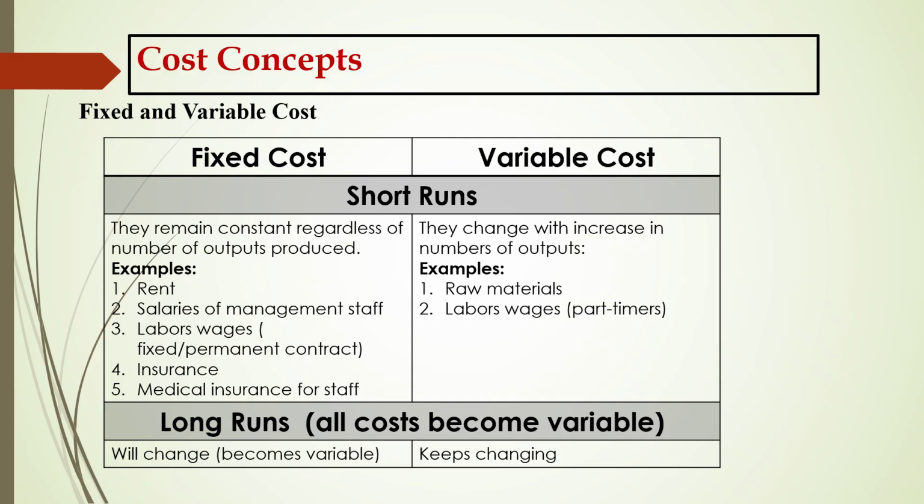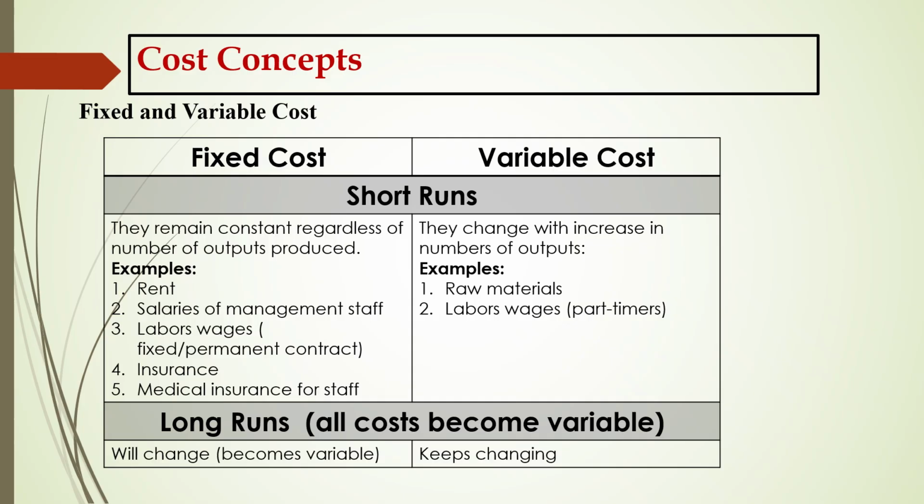The examples of fixed cost are rent, salaries of management staff, labor's wages, permanent contract insurance, medical insurance for staff. Whereas variable costs change with the increase in number of outputs. I will give you examples, don't worry. In my next slide, I will give you the examples of fixed cost and variable cost with a real life example. So just pay attention here.